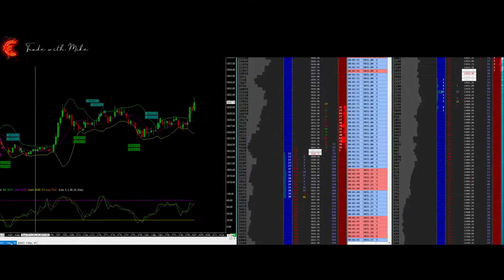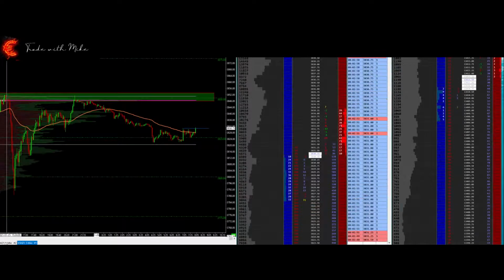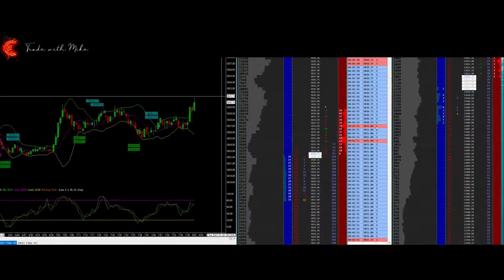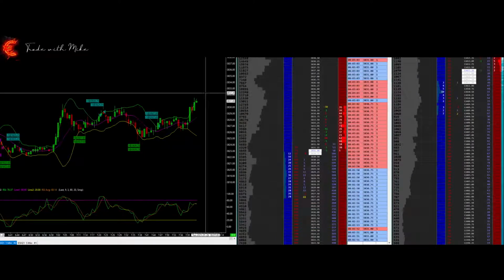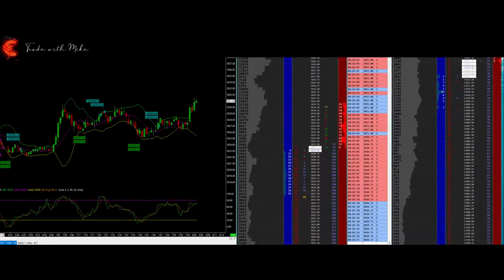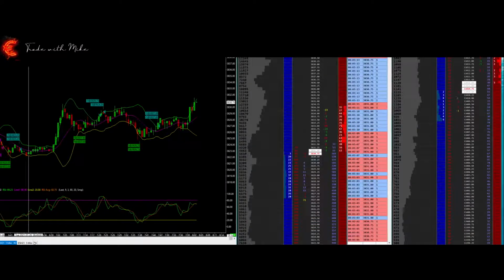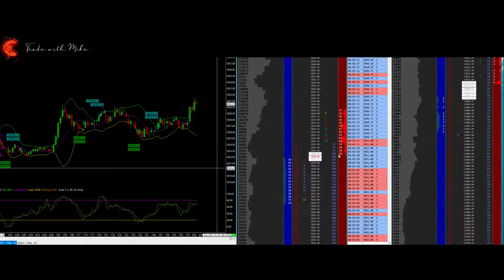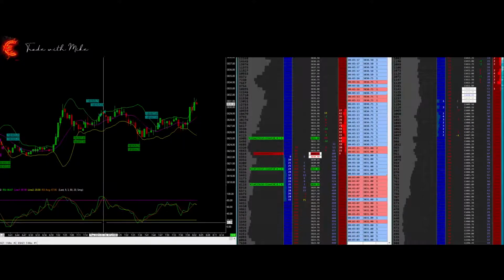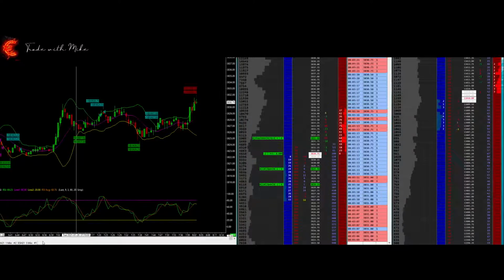There's the break I was waiting for. But it must also close above. See the buyers, 31. A lot of buyers. Try to take a quick short. Might be a bit risky, but it's okay.